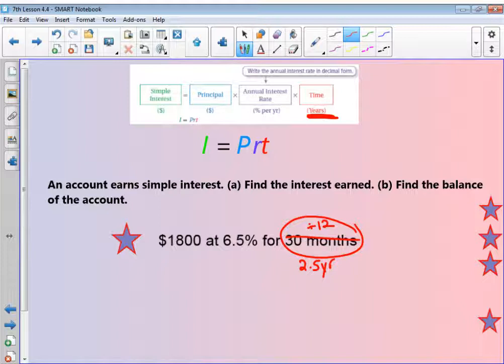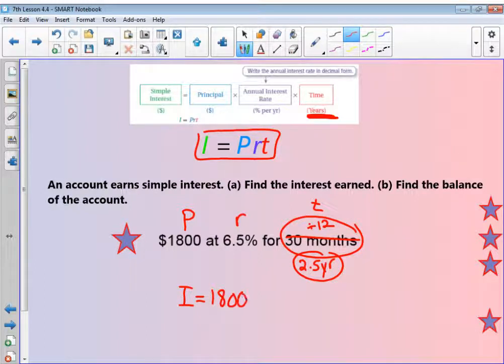Okay, our 1,800 is our principal, our 6.5% is our rate, and our time is now 2.5 years. So we're going to plug that into this equation. Our interest equals our principal, 1,800, times our rate, 0.065 as a decimal, times the number of years, 2.5.